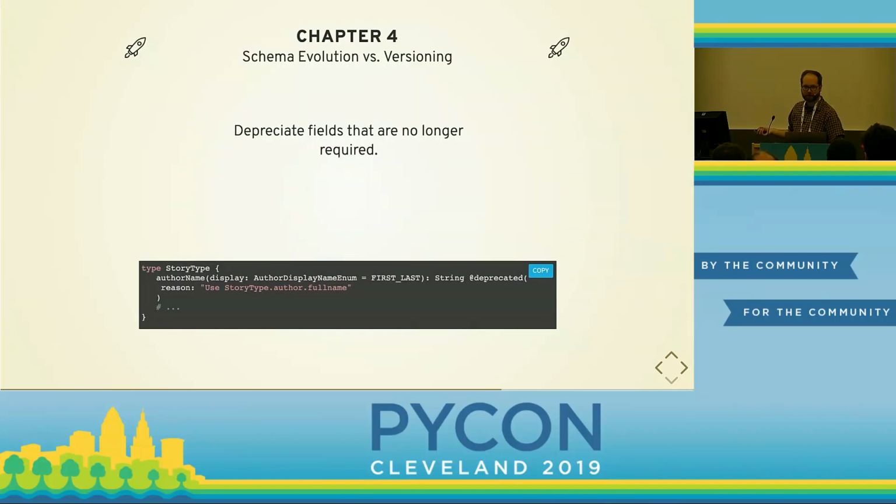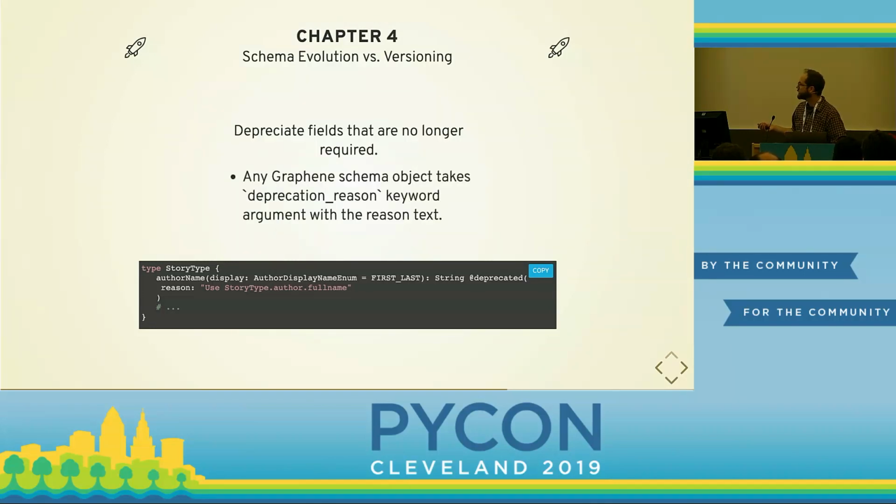So we can also deprecate fields that are no longer required. So author name is no longer required on our story type, because we have a more rich way to describe that relationship. The user can just fetch the author full name instead. So we can give it a deprecation reason.